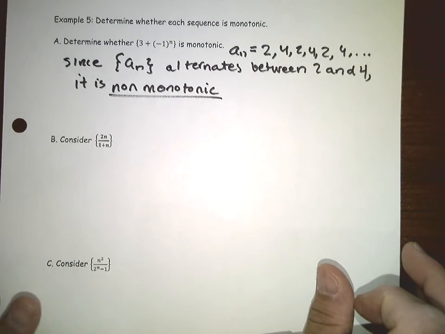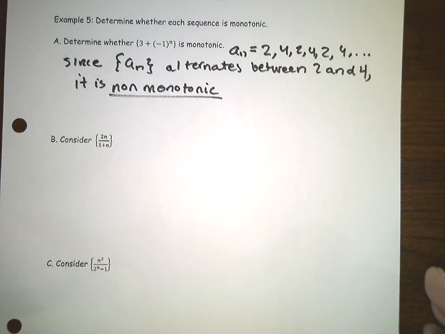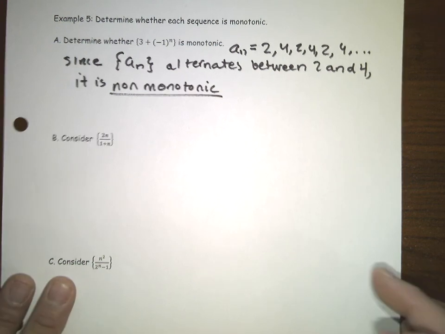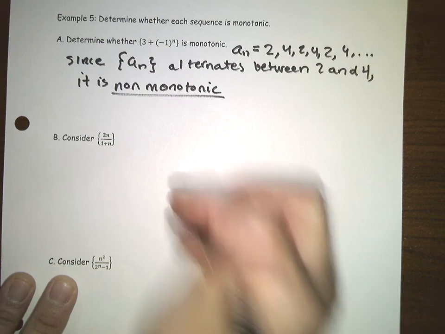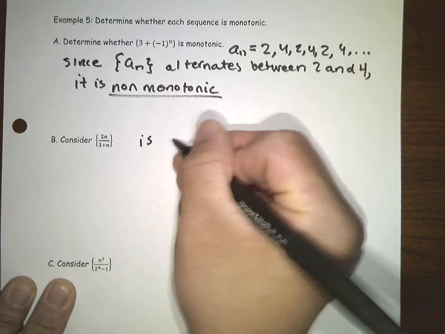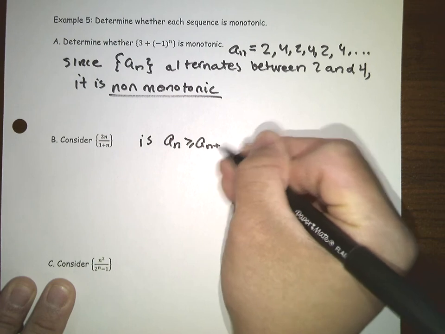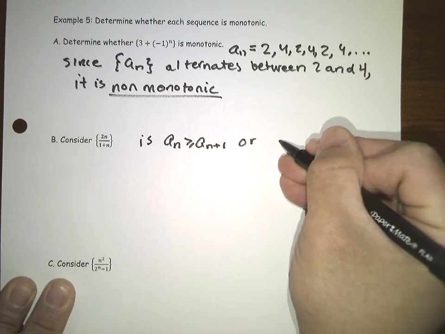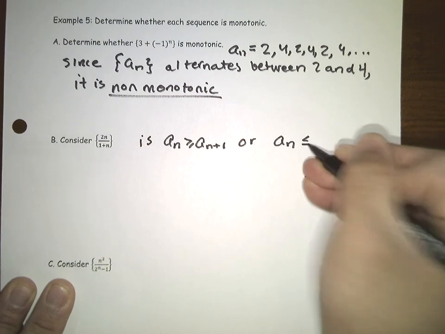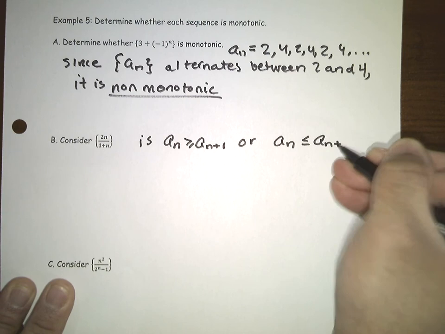Now, let's consider 2 to the n over 1 plus n. The first thing that we really need to figure out is whether a sub n is greater than or equal to a sub n plus 1, or is a sub n less than or equal to a sub n plus 1.